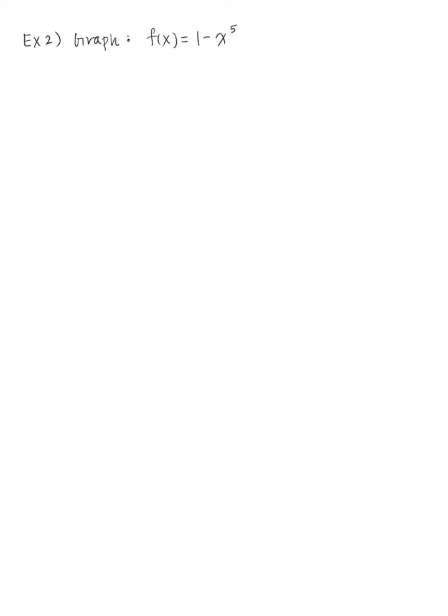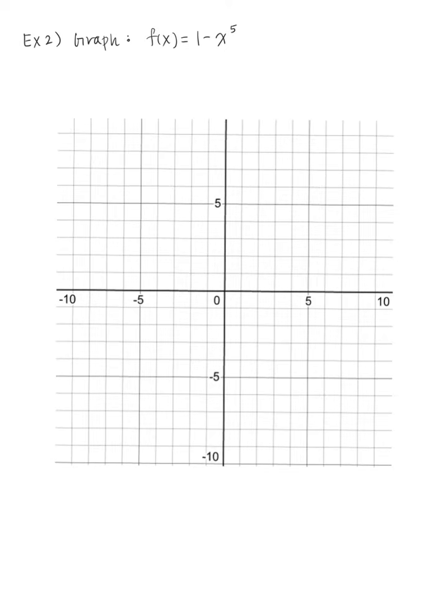Let's do some examples. Example 2: graph f(x) = 1 minus x to the fifth. Now, what we're going to do is use the transformation of graphs to graph 1 minus x to the fifth. All right, we got this. So first, let's graph y = x to the fifth.